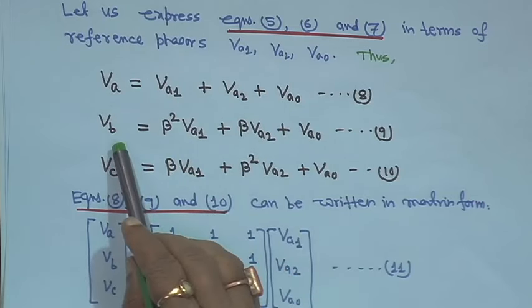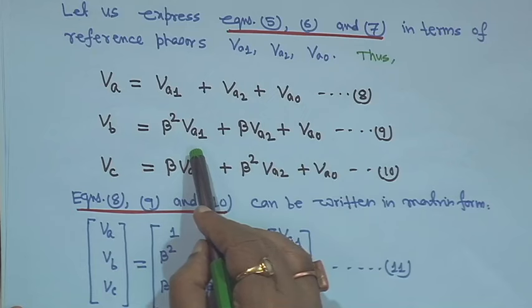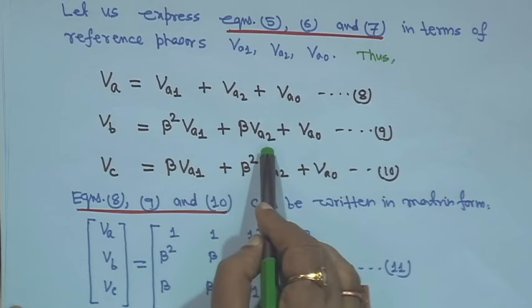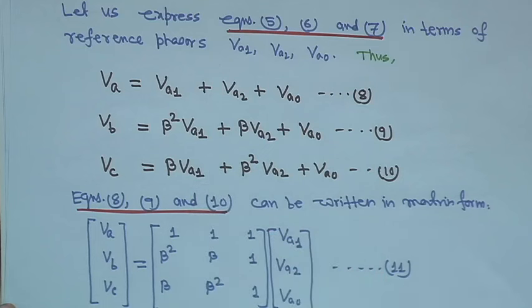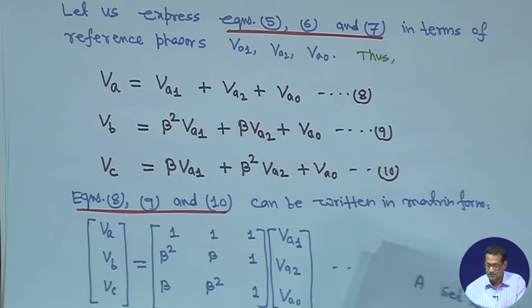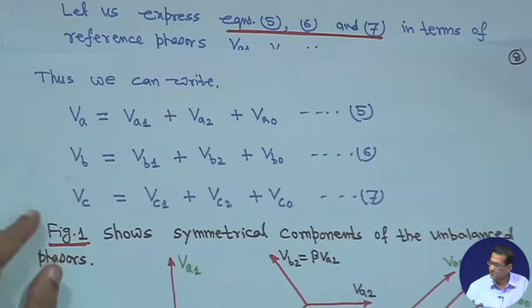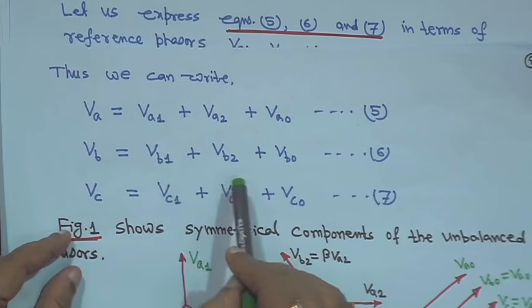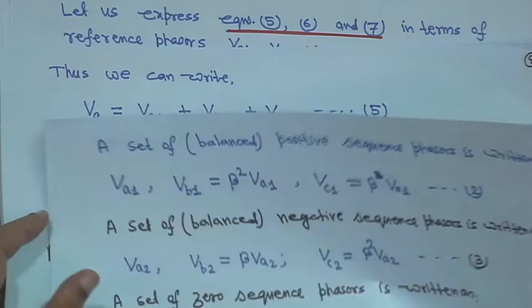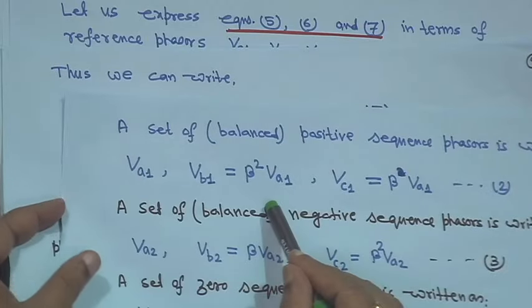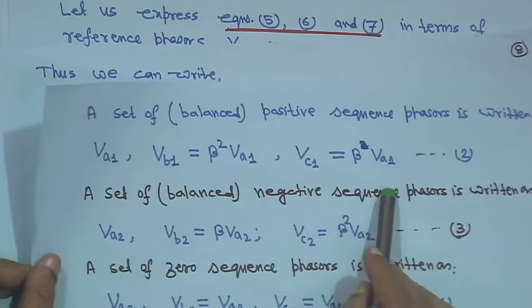Vb is equal to Vb1 plus Vb2 plus Vb0, where Vb1 is equal to beta square Va1 and Vc1 is equal to beta Va1.